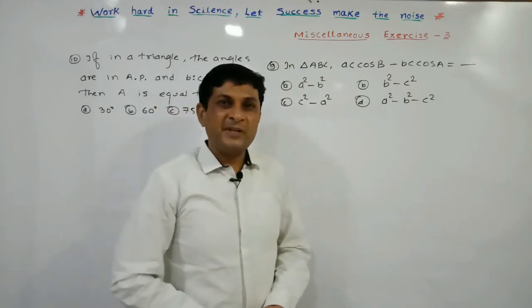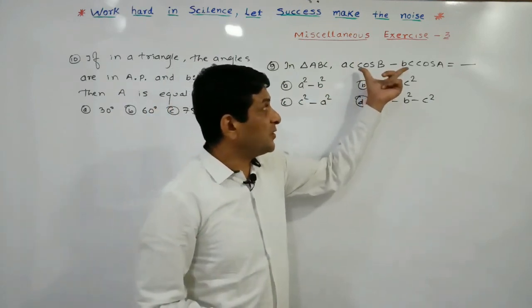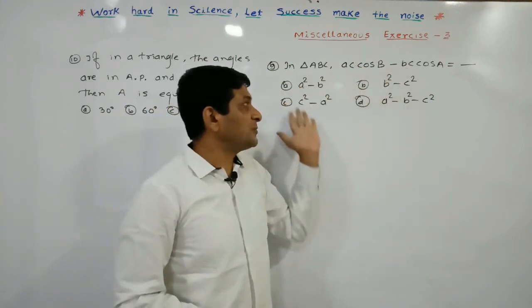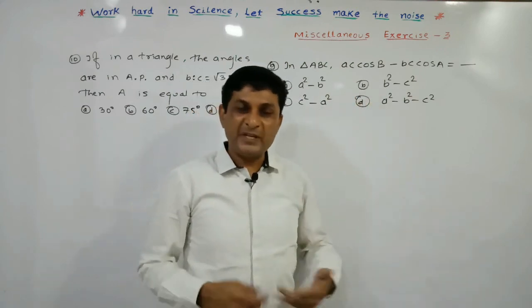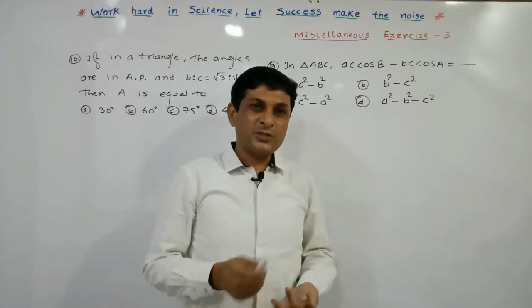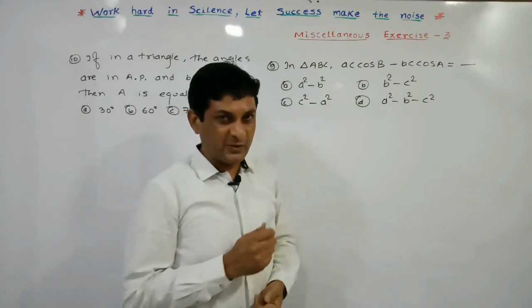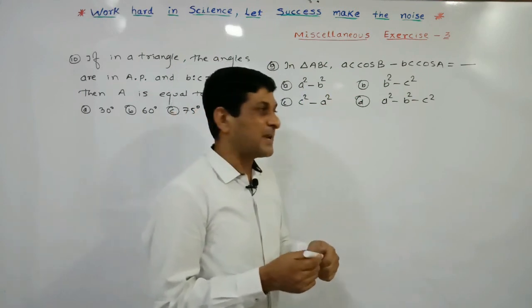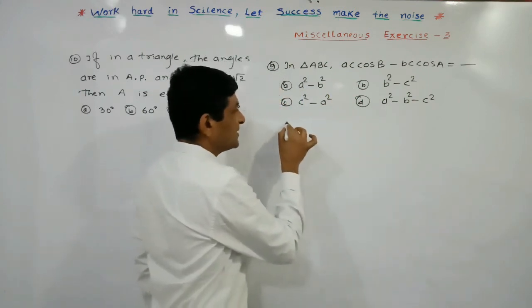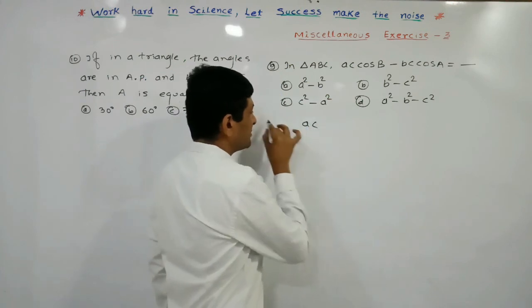See, in example number 9, we have to find the value of this expression, and if you observe, the options are in terms of a square, b square, c square. Such type of terms appears in what? Cosine rule. So we are solving this example applying the cosine rule. Consider the given expression. What is the given expression here?